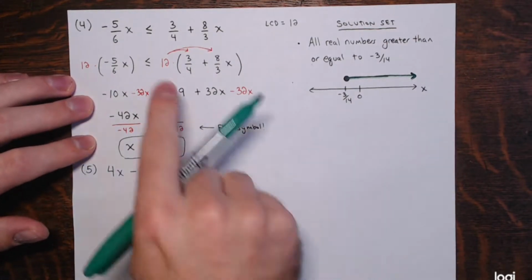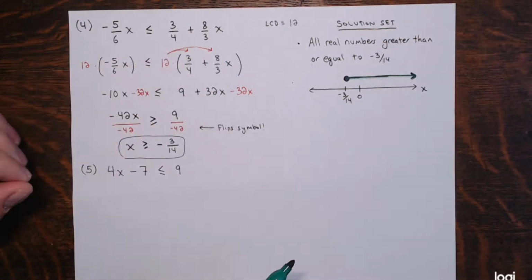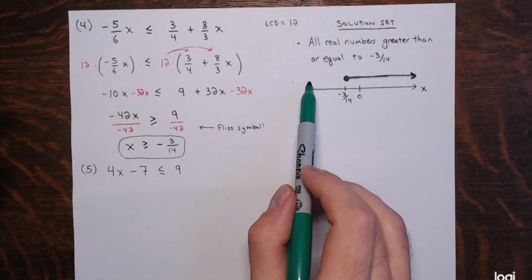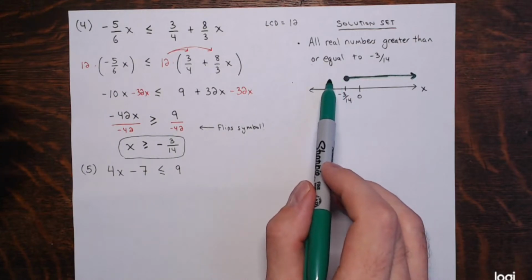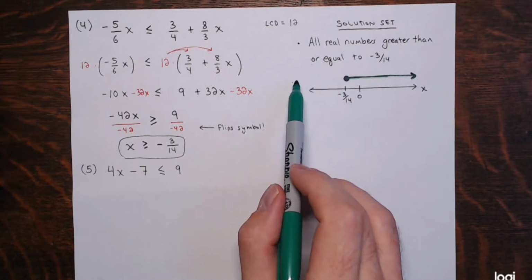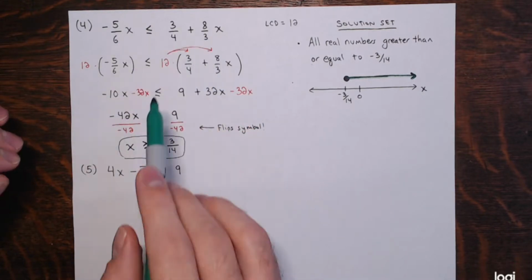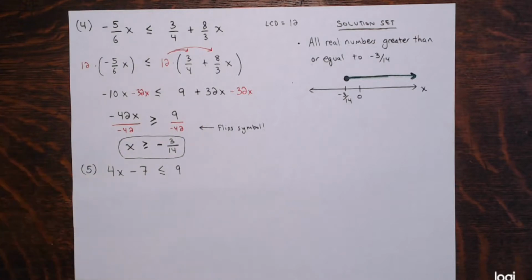Both sides will be equal in that case. The or equal to part will be satisfied. And then I leave it to you, if you want to plug in any number less than negative 3/14, say negative 4/14, negative 5/14, negative 1, negative 8, negative a million. This will be false. The left side will be greater than the right side, not less than or equal to.